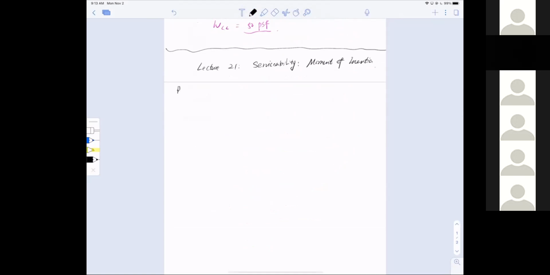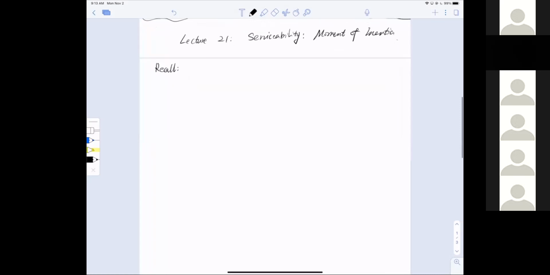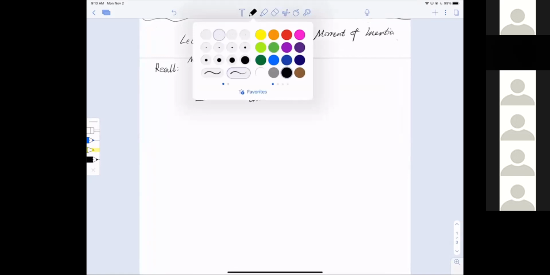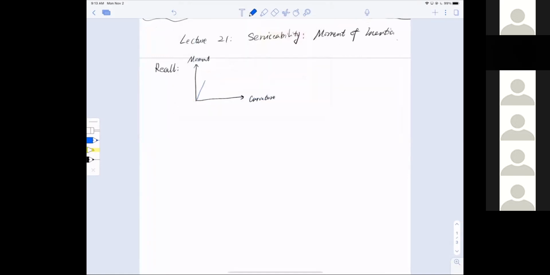So recall what we have learned last time. I have to draw out all these curves again. This is moment, this is curvature. We have a 2-stage behavior, actually 3-stage: linear, and then this way, and then yielded.